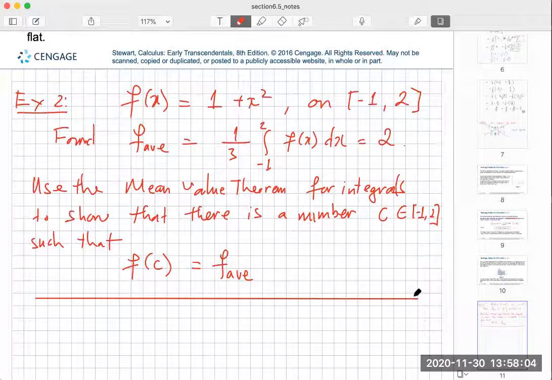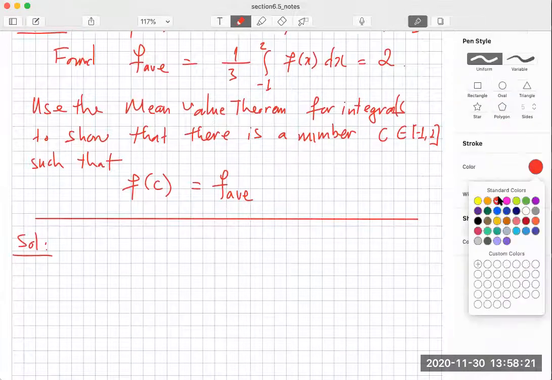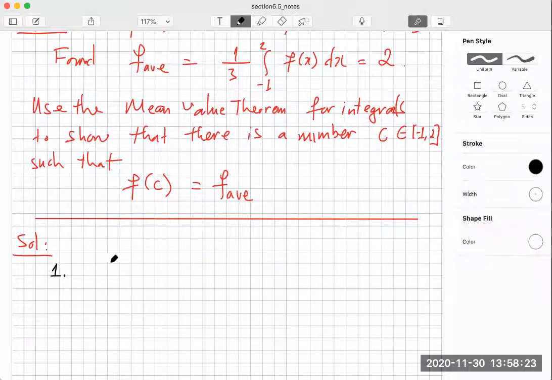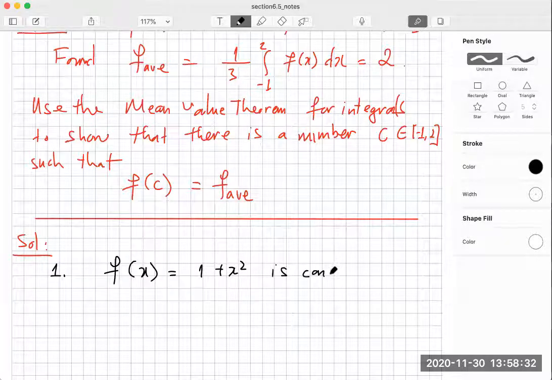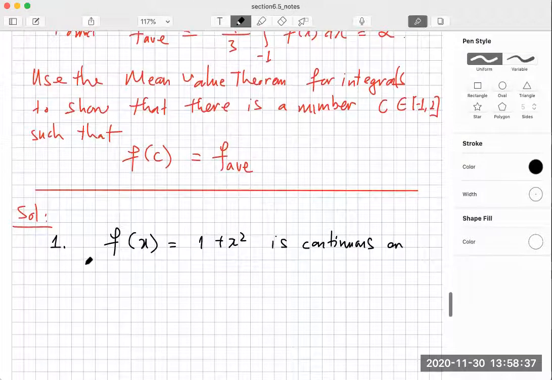Okay, this is the second example. So from the previous example, we know that f average is 2. The function f of x is continuous on the real line, right? Which is from -infinity to infinity.